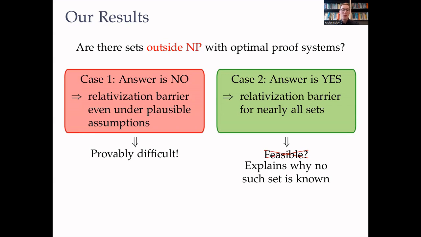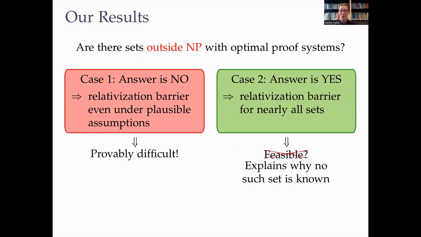And this explains why no such set was found in the past 35 years, because for nearly all sets, we have to overcome a relativization barrier, and the few remaining sets for which we do not have this are in a quite unusual area very close to NP. And it would be interesting to improve our results for this area.